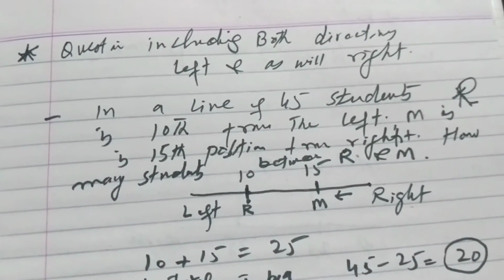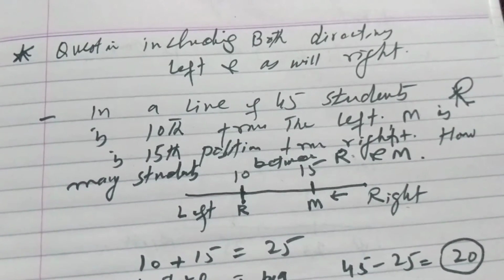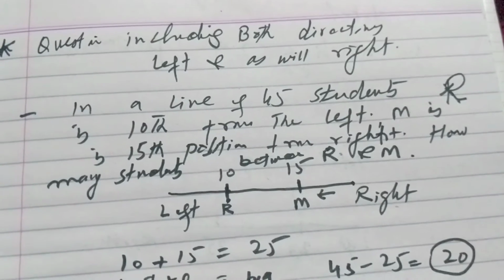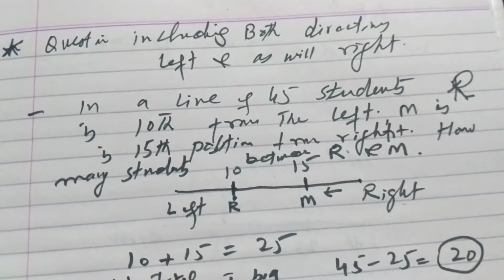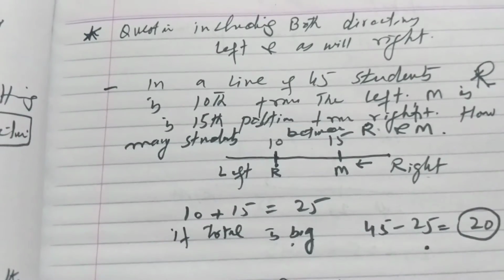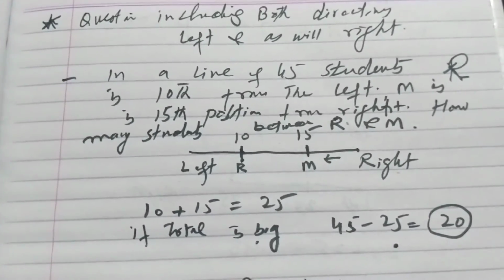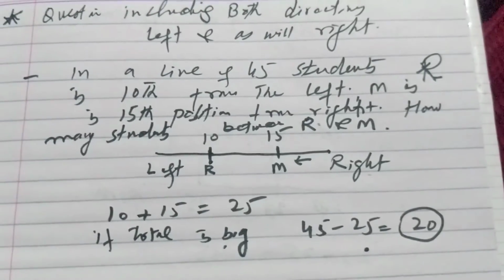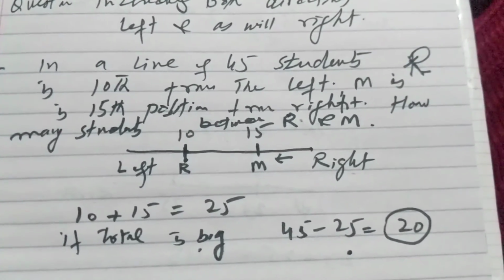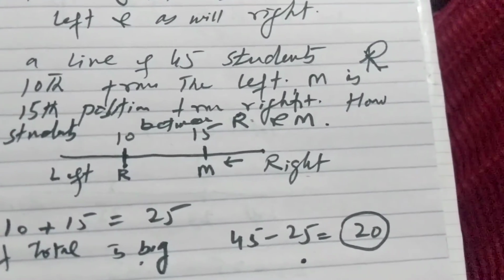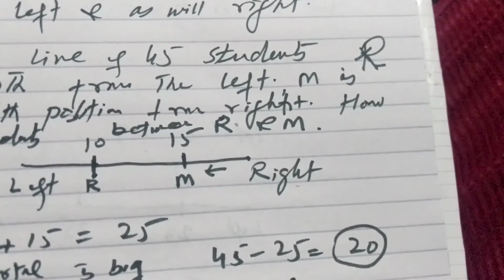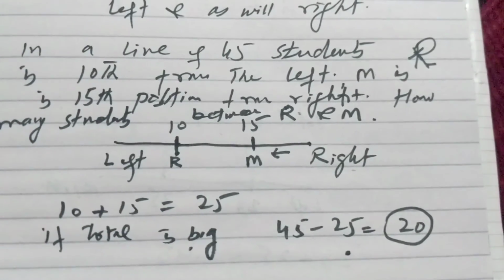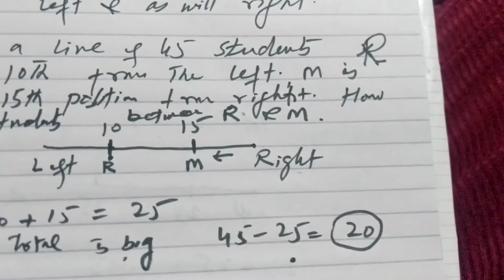Now the question is about including both directions, left and right. Let's see. In a line of 45 students, R is 10th from the left, M is 15th from the right.